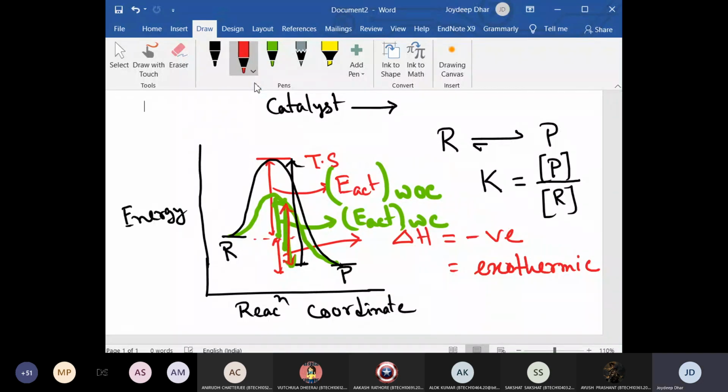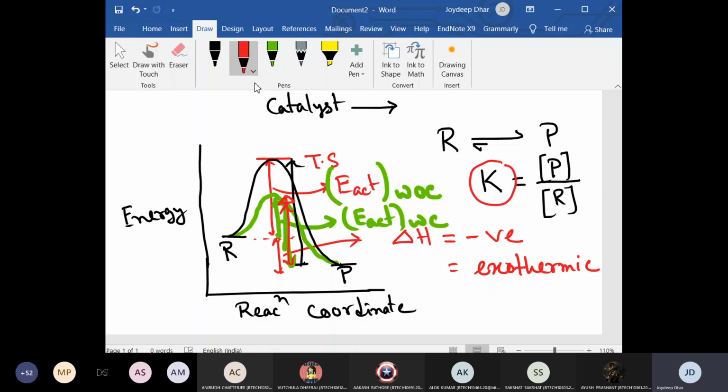That means you have reduced the energy barrier of backward reaction also. That means forward reaction is faster in presence of catalyst as well as backward reaction is also faster. That's why equilibrium will reach very fast if you add catalyst.